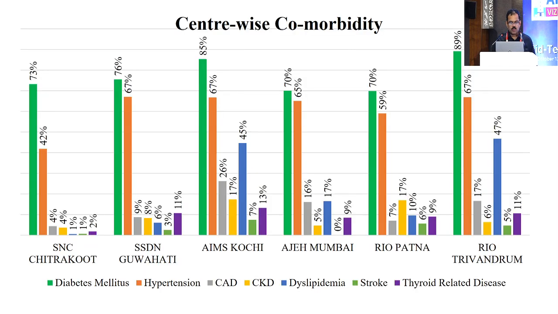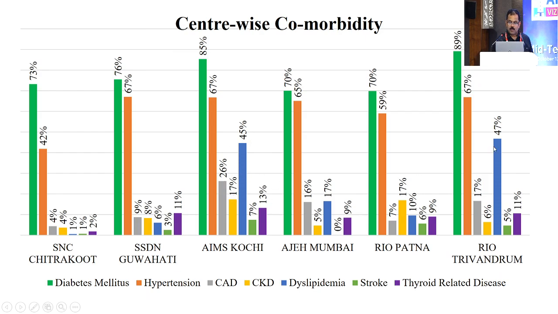Now, comorbidities wise, this is very interesting statistics. This is the difference between rural and urban. You can see that Chitrakoot is fairly a rural area, and you can see the amount of people having coronary artery disease 4%, CKD 4%, dyslipidemia 1%, as compared to Kochi, 26%, 17% and 45%.